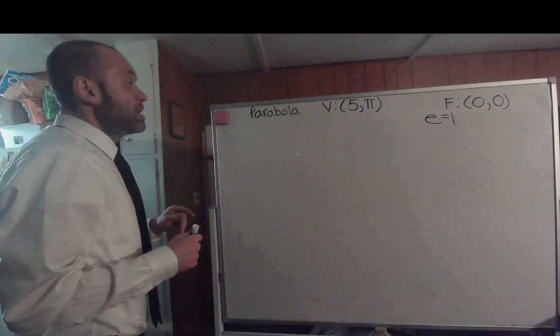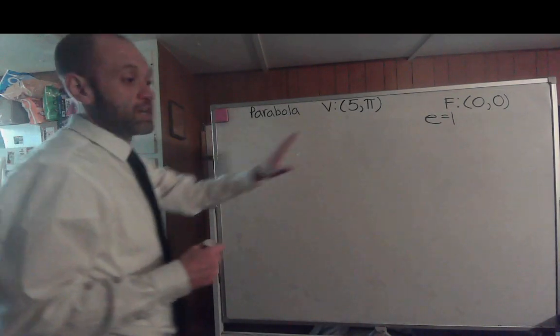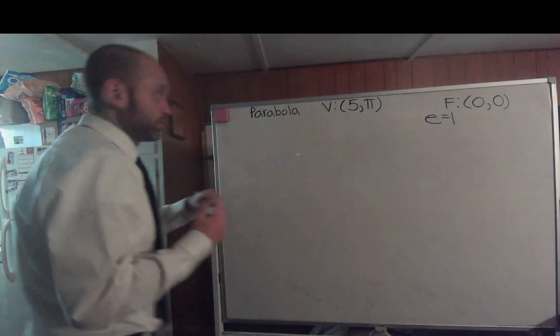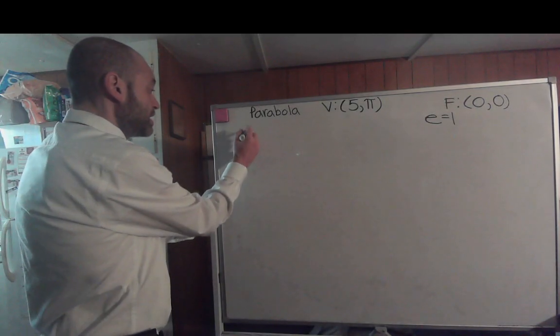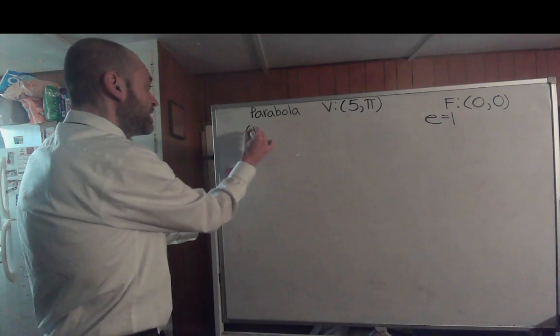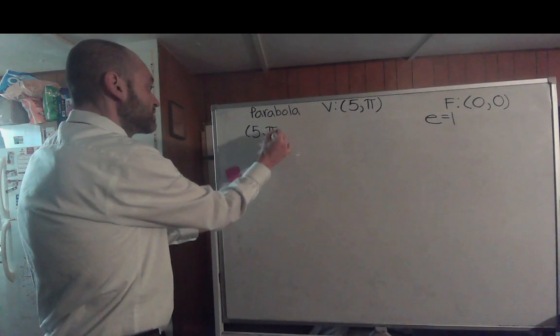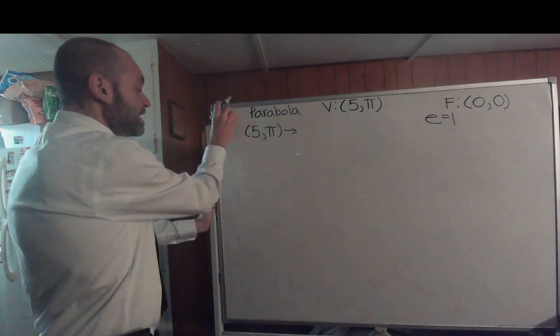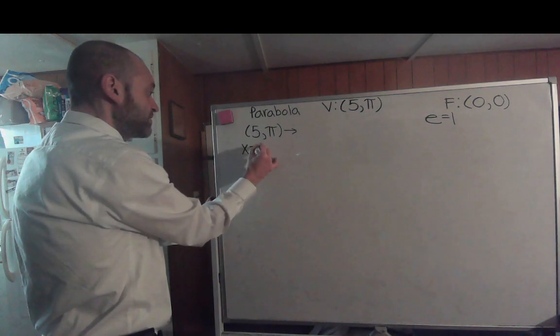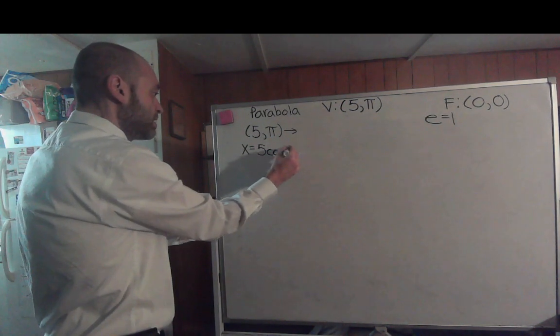But first thing I would suggest, convert this polar coordinate into a rectangular coordinate. So that 5, pi, we're going to convert that into rectangular. x always equals r cosine of theta, so this would be 5 times the cosine of pi.